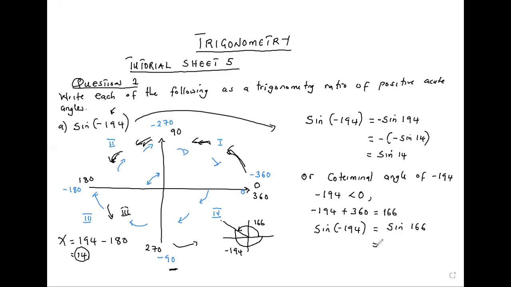Because in the second quadrant, to get x, we'll do 180 minus 166. So we get 14. So this is exactly sine 14 degrees, exactly because sine is positive in the second quadrant as well. So that's how we get this solution here.